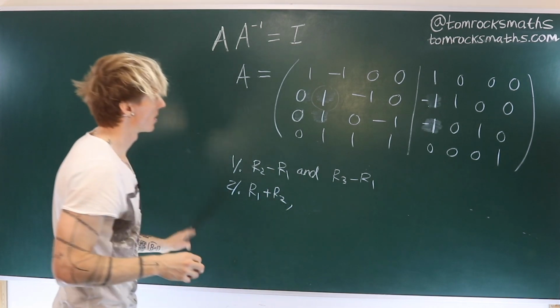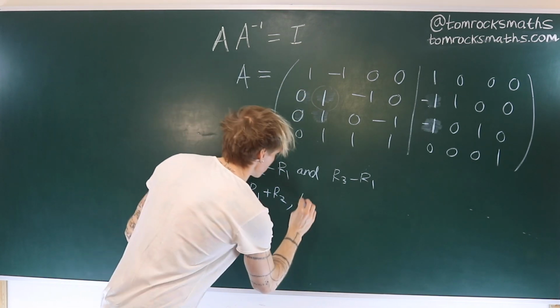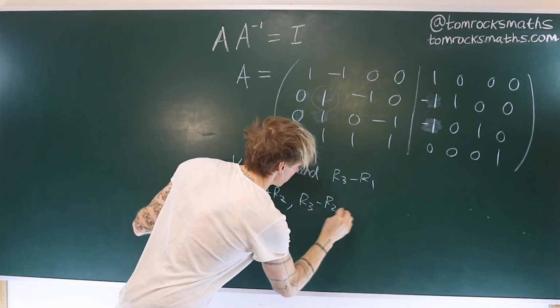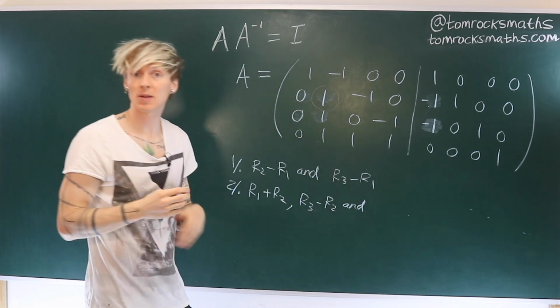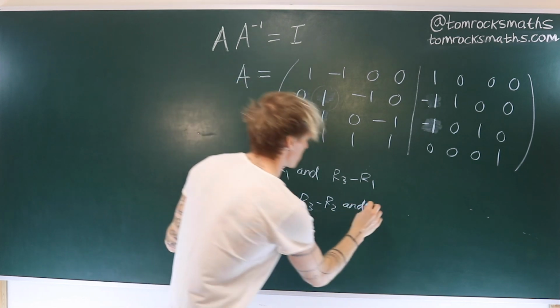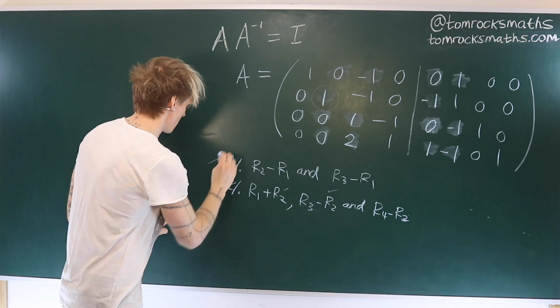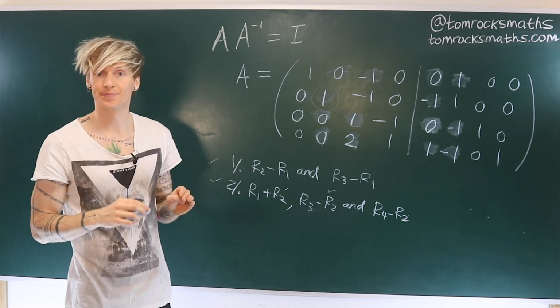That'll work. Then row 3 needs to be minus row 2. And our third one, we're going to need to do row 4, also minus row 2. All right, so we've done that one, and we've done that one.